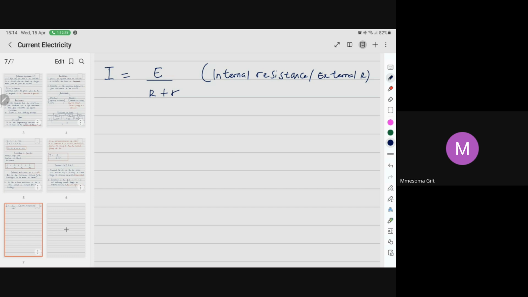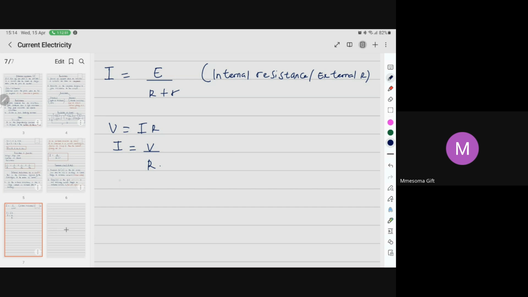Now, from Ohm's law, we know that V is equal to IR, so that I is also equal to V over R, still making reference to the same current: the current when there's internal resistance and the current when there's no internal resistance. Both of them are still equal.